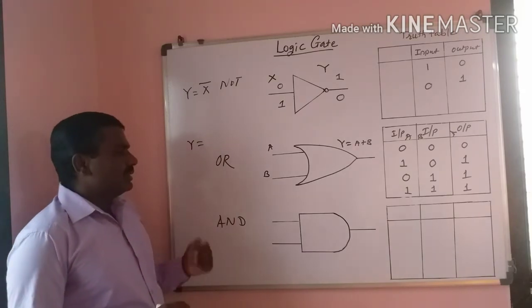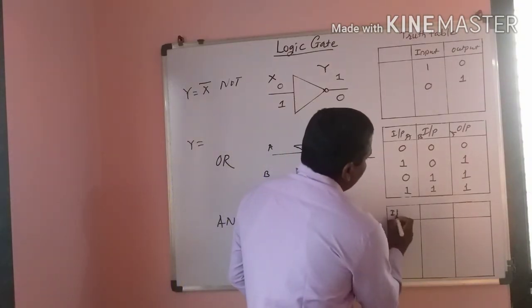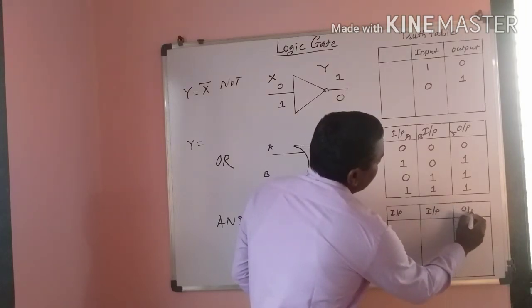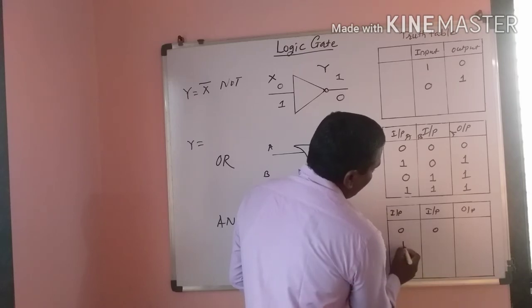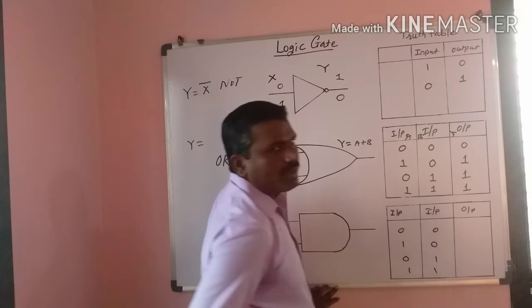Here, suppose we consider the 4 input conditions: 0 0, 1 0, 0 1 or 1 1. What will happen?